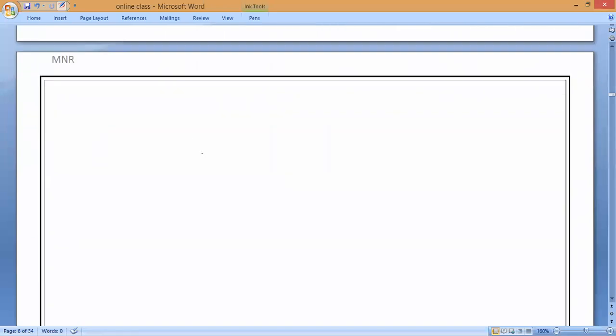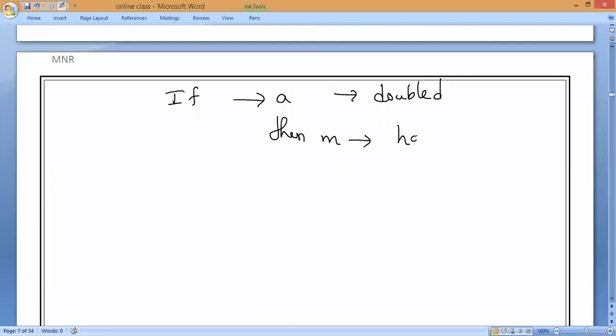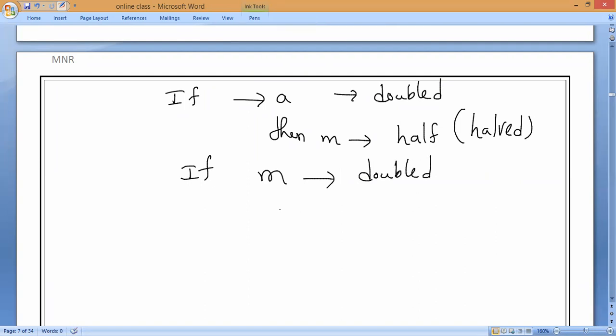So please put a statement. If acceleration doubles, if a becomes doubled, then mass becomes half, or we can say halved. Same way, if m becomes doubled, then acceleration becomes halved.